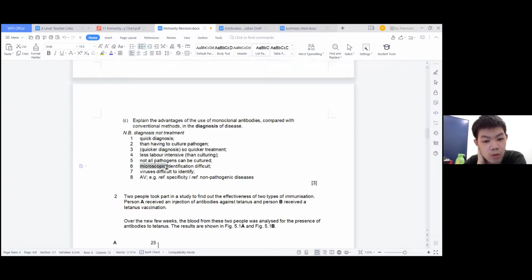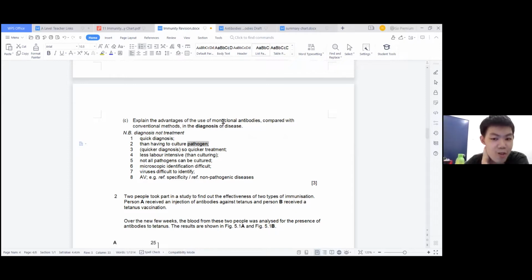One is microscopy. That one I think we all know, where you take a small sample and then see it in a microscope. But the rest of the marking scheme is actually talking about culturing the pathogen, because different pathogens have different growing requirements, because they prefer certain living conditions or environments. So you can base on their growing characteristics to determine the type of pathogen.